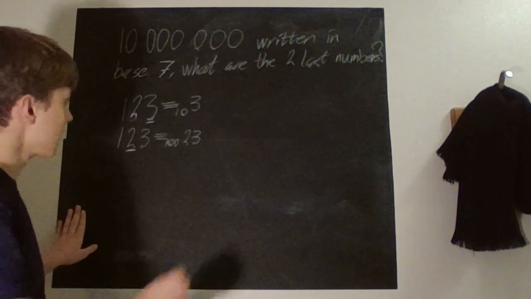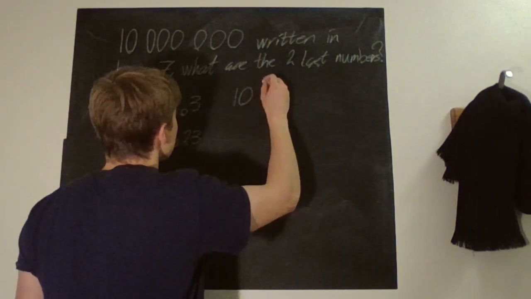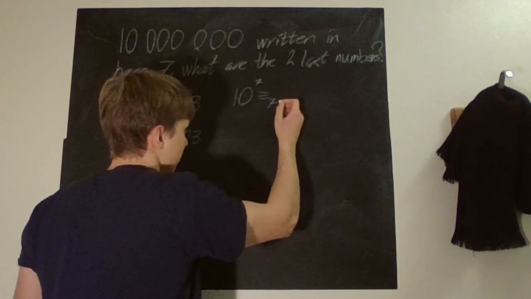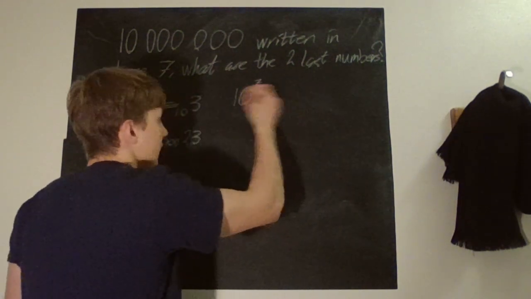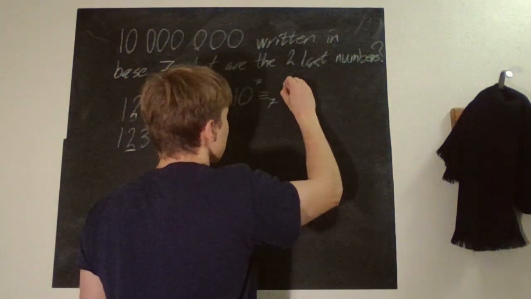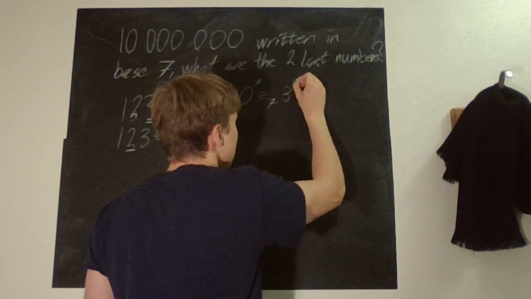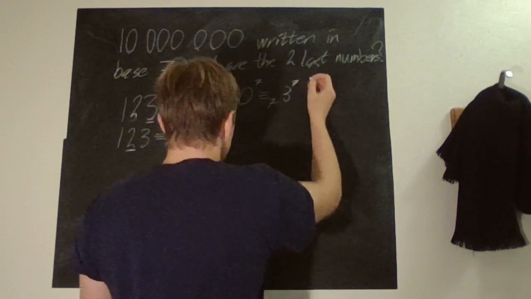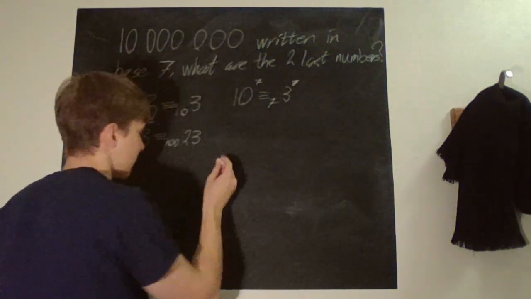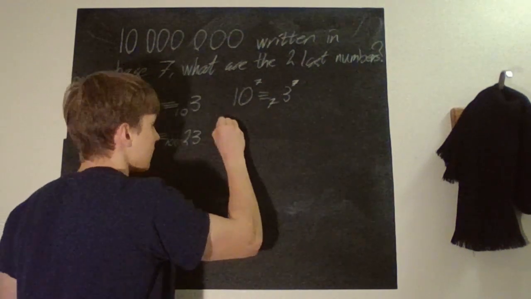So firstly we want to find 10 to the power of 7 modulus 7. Okay, 10 is equal to 7 plus 3, so we can rewrite this as 3 to the power of 7. Let me quickly scratch up the exponents for 3.